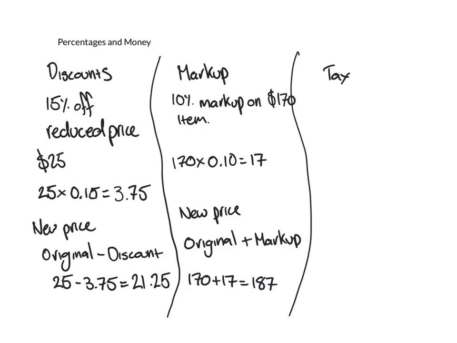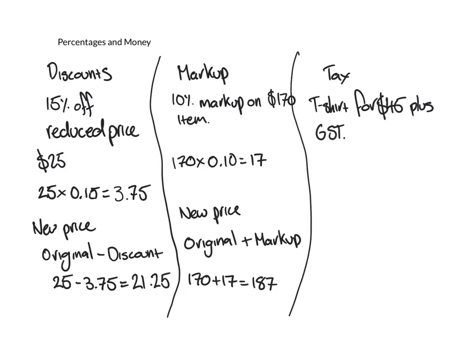So we might have a t-shirt for, let's go $45 plus GST. So that's goods and services tax. So what's the new price now?